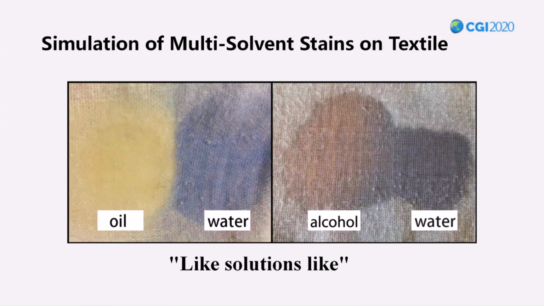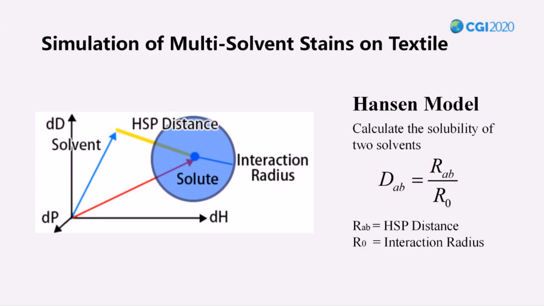The research of chemical science shows that this is caused by the difference in the chemical properties of the two solvents, and it can also be regarded as like dissolves like. How to quantify the compatibility between two solvents? The scientific research of the predecessors gave the method.